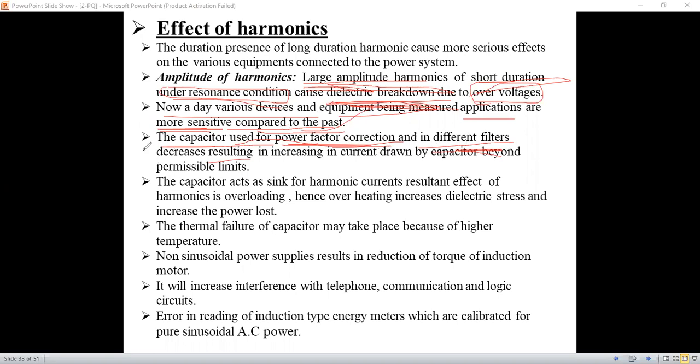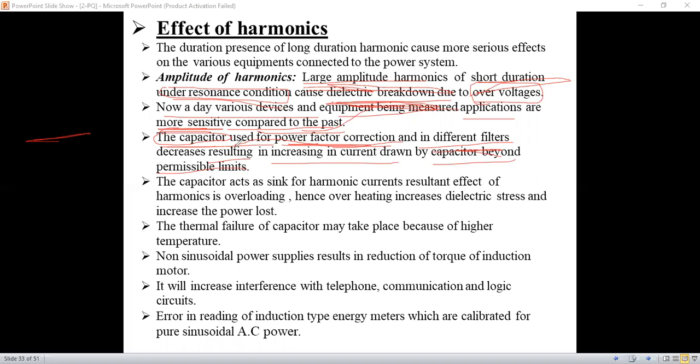It is going to increase the current drawn by the capacitor. The capacitor is going to draw a very high current, more current. The current drawn by the capacitor increases beyond the permissible limit, the setting we have.